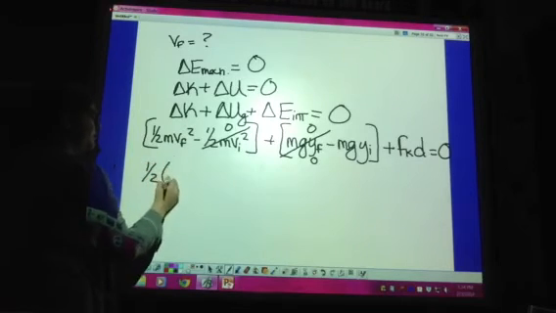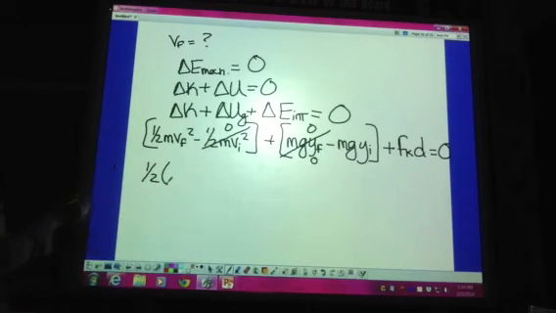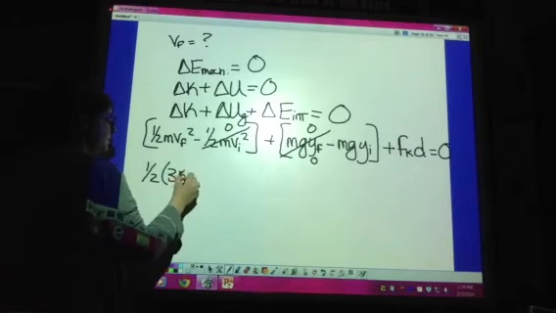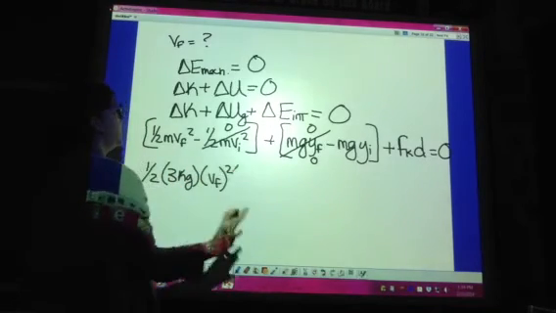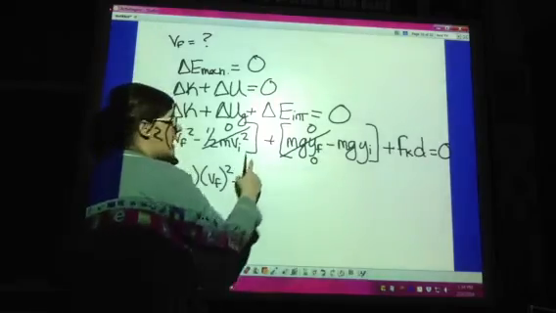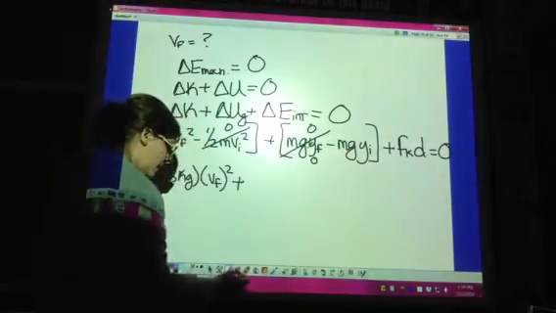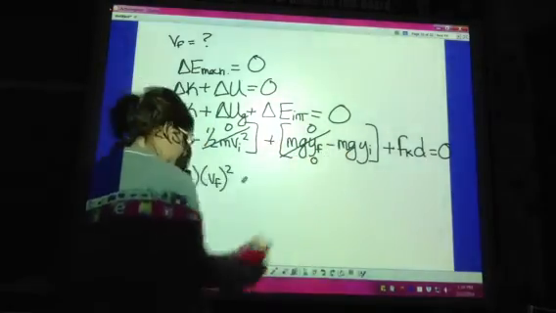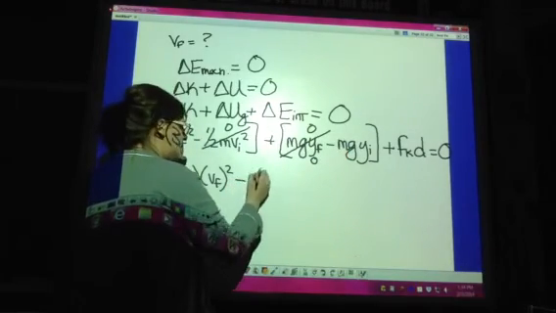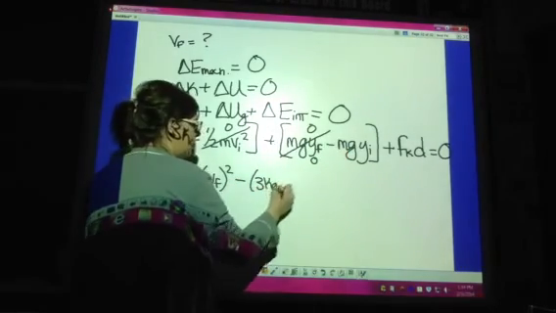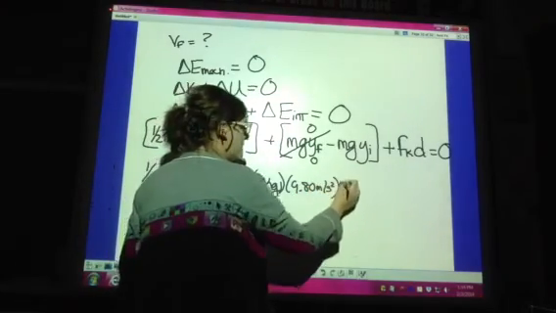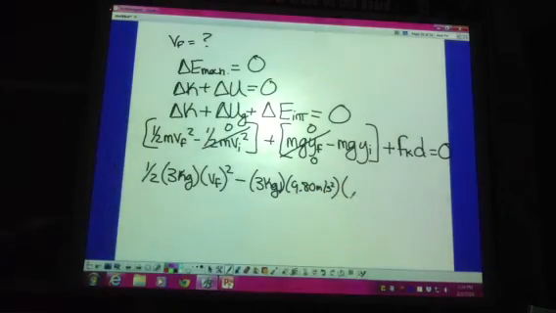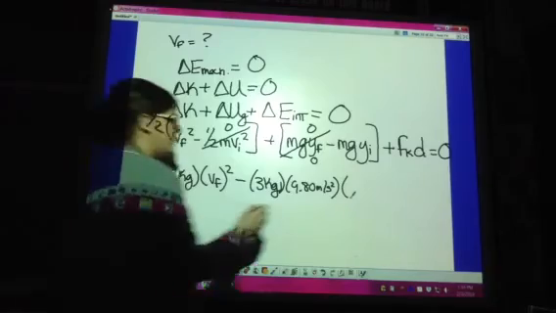So let's rewrite this and plug in numbers, because we know the mass was 3. So 1/2 times 3 kilograms times v_f squared. That's my goal, that's what I want to find. Plus a minus, minus the mass, 3, times acceleration due to gravity, and then that initial y position was 0.5 meters.